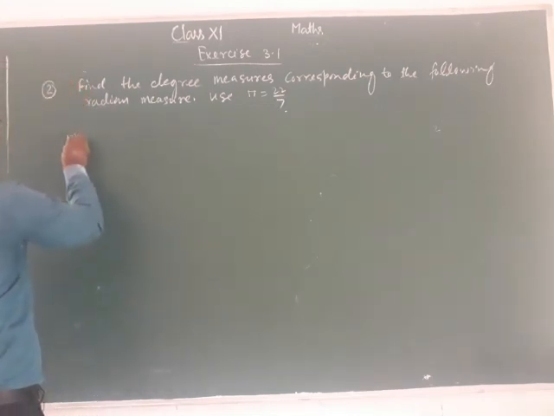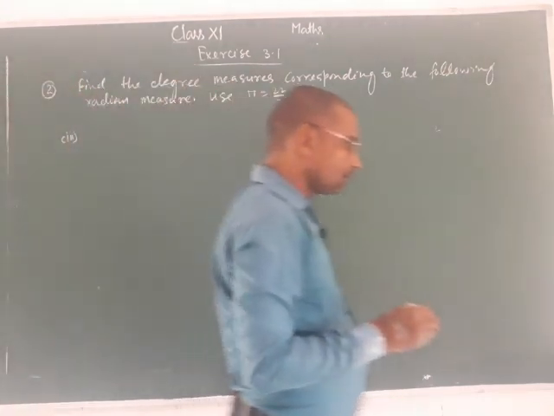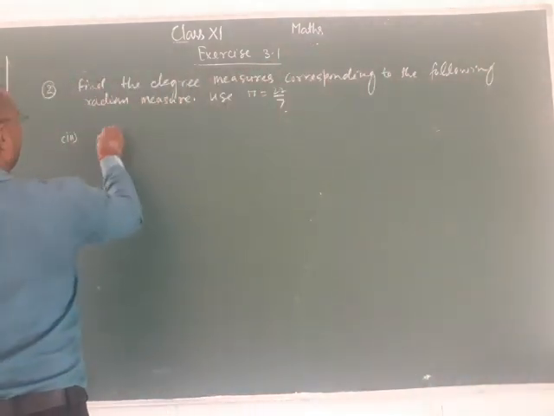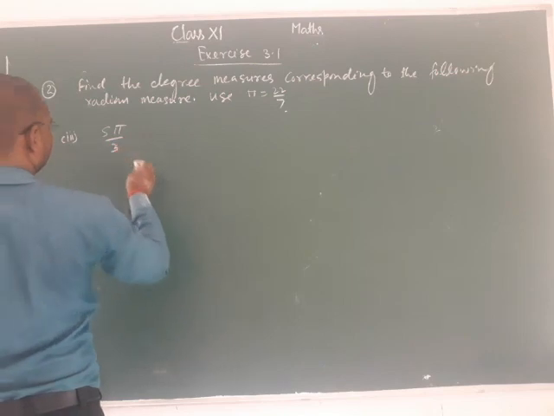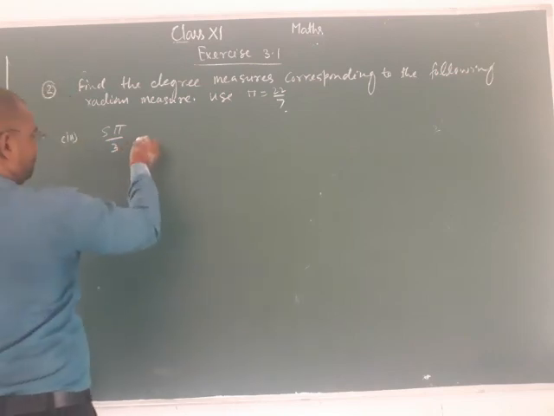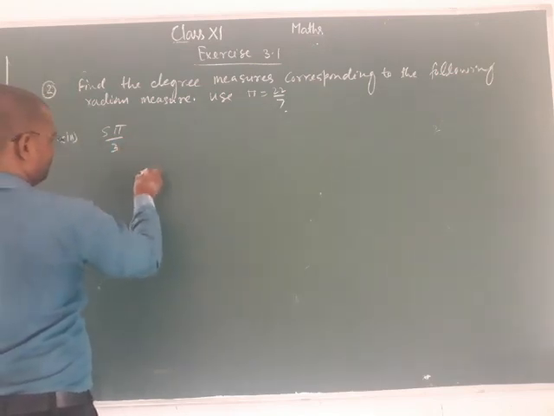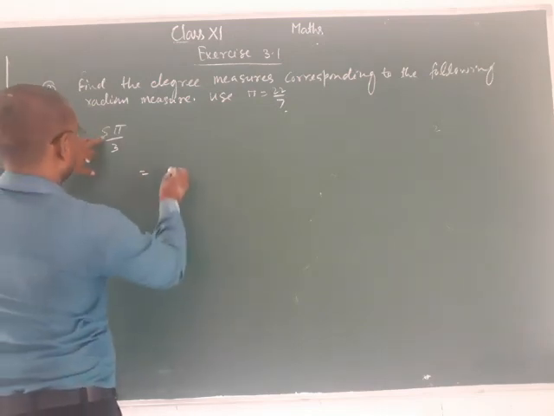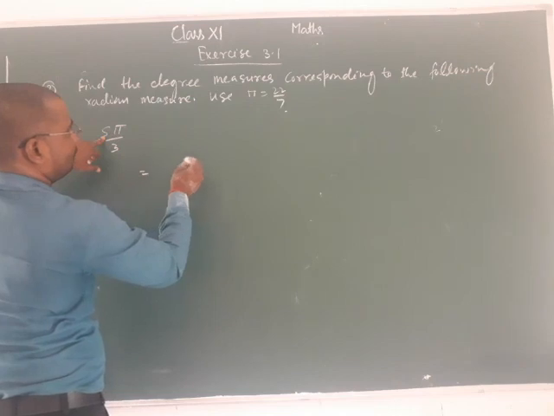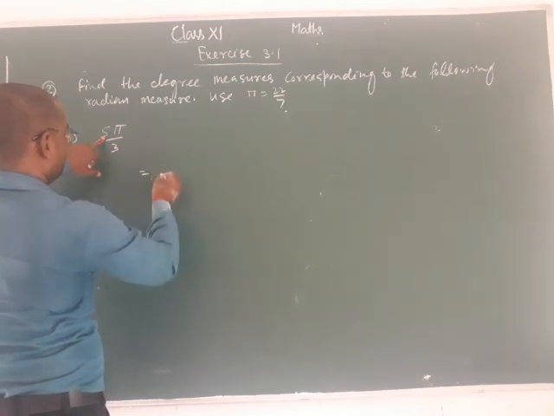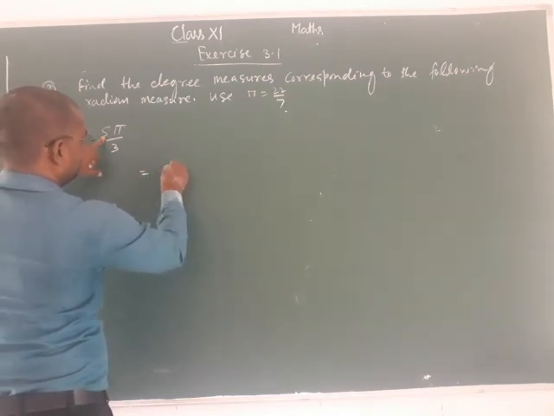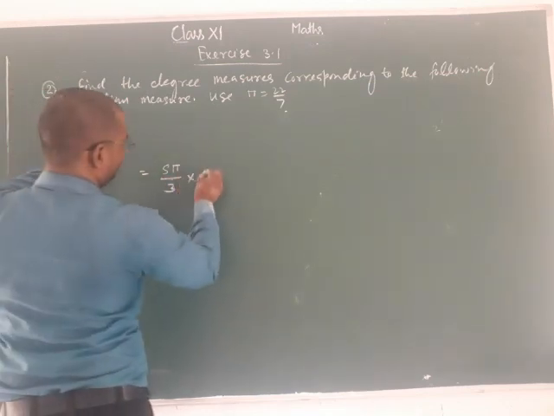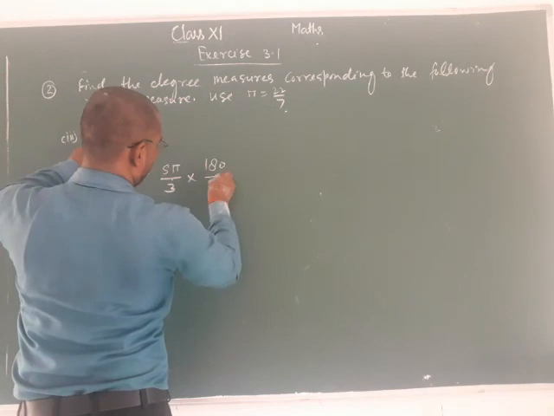Part of third: 5 pi upon 3. Now since in degree, 5 pi upon 3 into 180 upon pi.